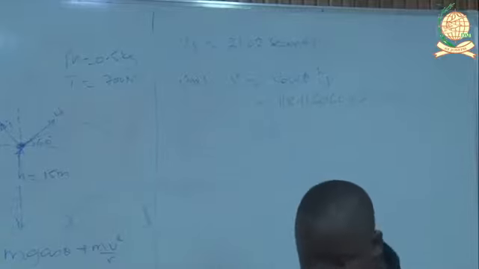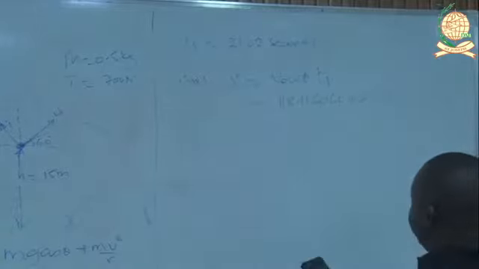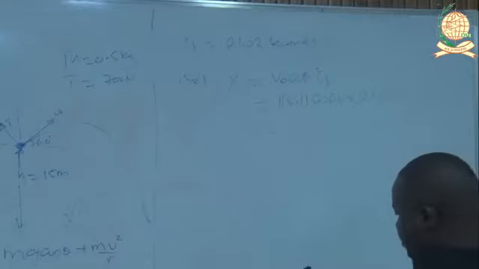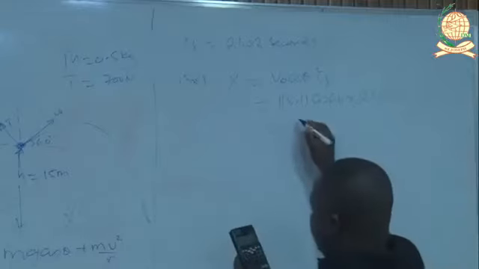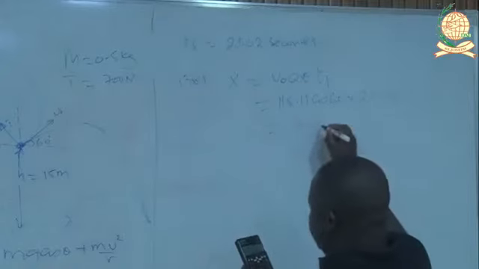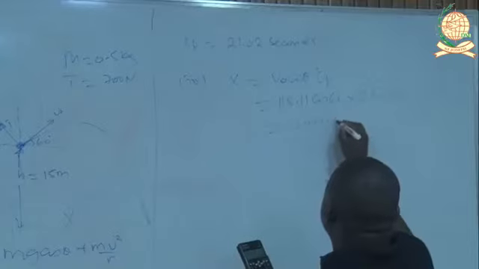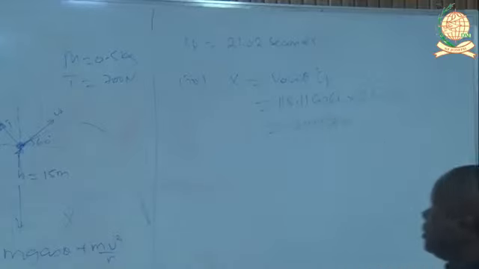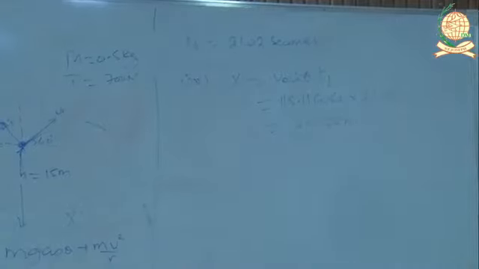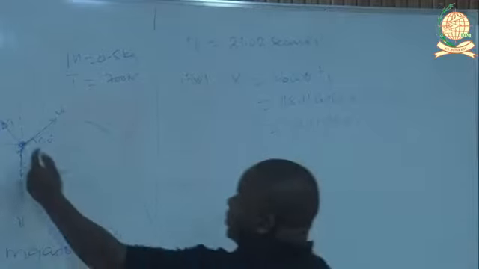This will give us 41.38 meters. That will be the distance away from the point of projection or point of breaking.